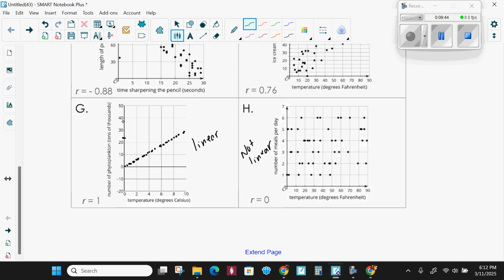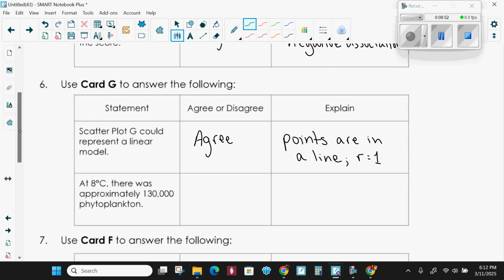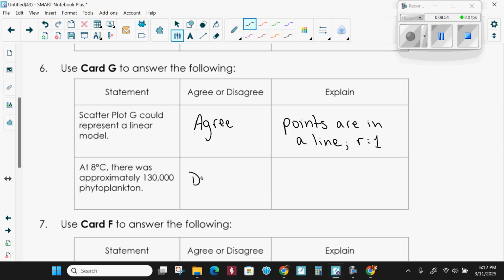So that's 20, 30, 40, 50. It doesn't even go up to 50,000. Okay, so we are going to disagree with that statement. 8 degrees is approximately, let's say 24,000. That was the point approximately there.